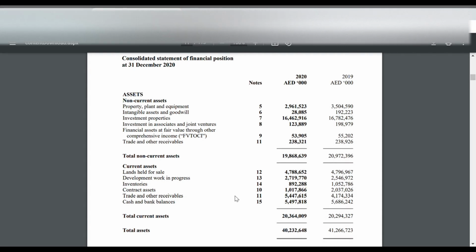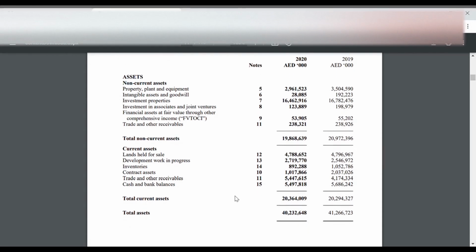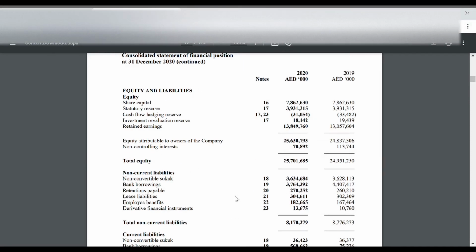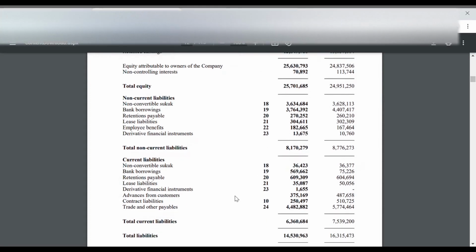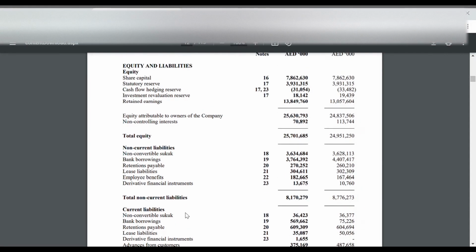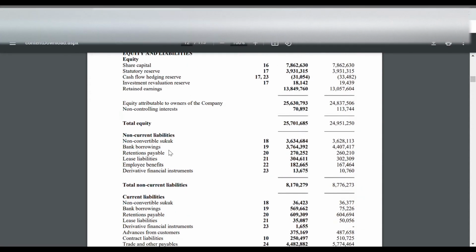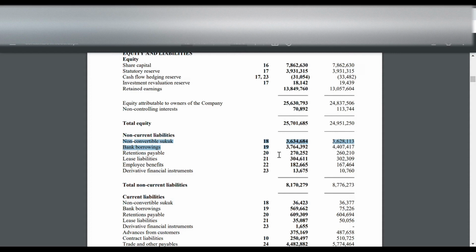It's a 40.2 billion dirham company, and what I'm interested in is the liability side, current liabilities and non-current liabilities. In both, we can see the non-convertible sukuks and the bank borrowings. Sukuks are basically Islamic financial instruments. However, there are bank borrowings as well.